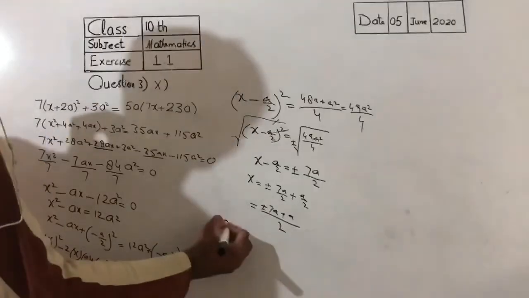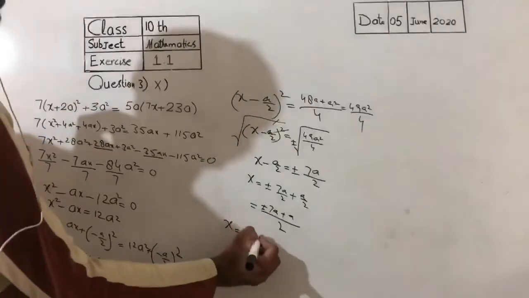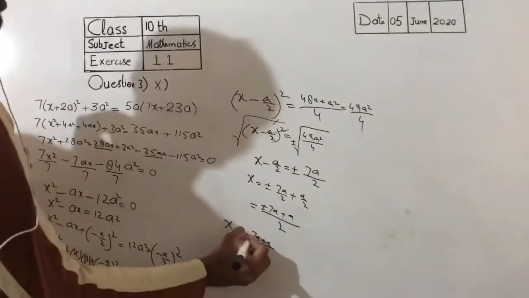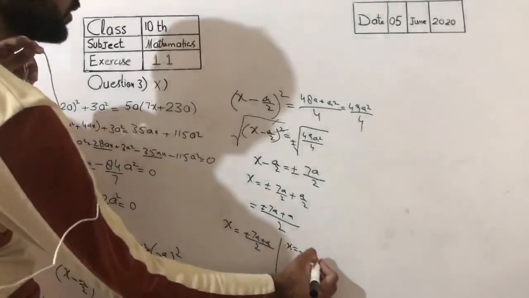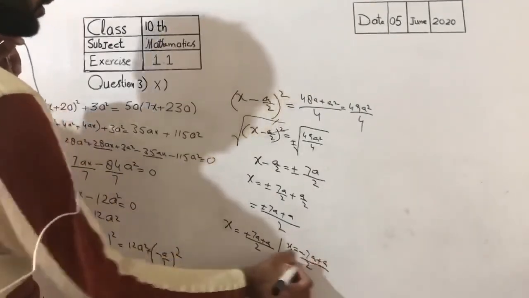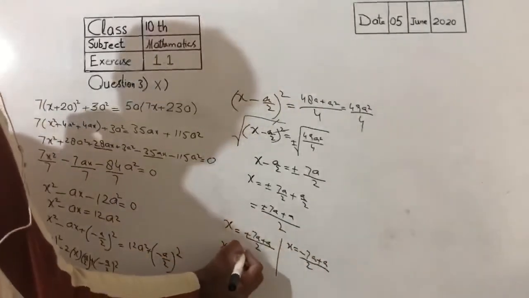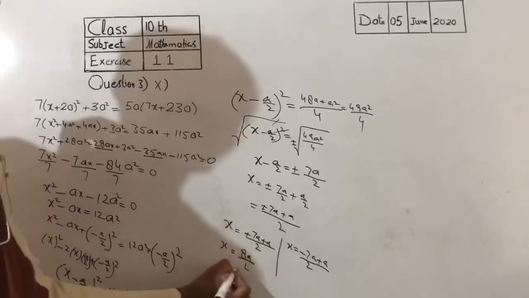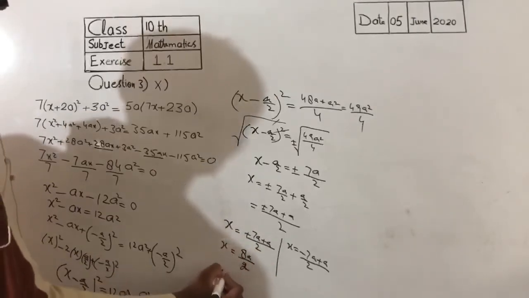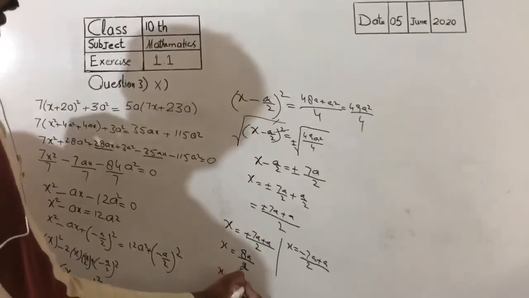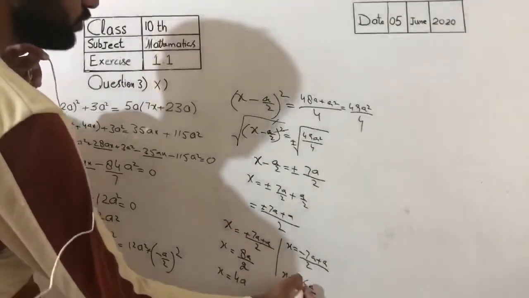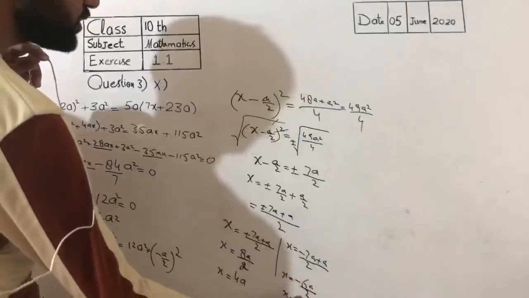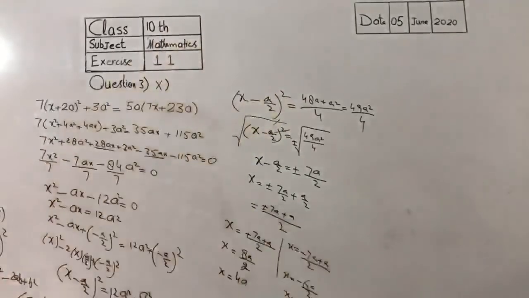Now we write it one time plus and one time minus. Here we get 8a over 2, that is equal to 4a, and here we get minus 6a over 2, that is equal to, x is equal to minus 3a.